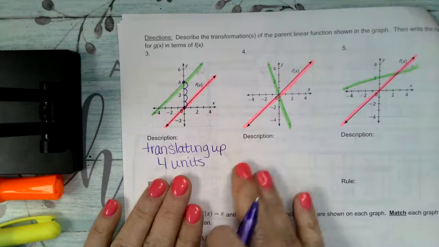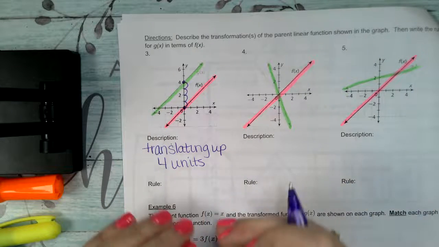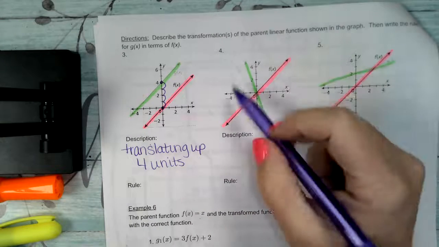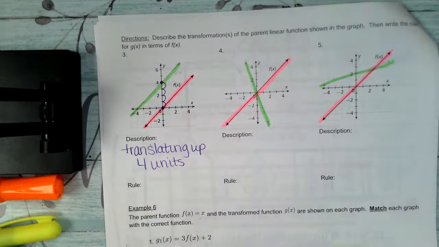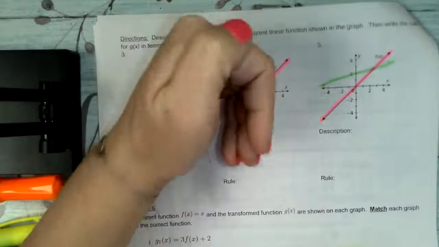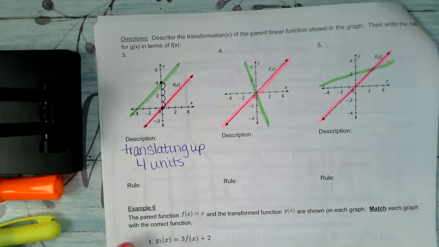All right, let's just talk about 4, 5, and 6 on using the words for the descriptions, and then we'll write the rules. So this one, going from pink to green, there's a couple of things going on here. The first thing that I notice immediately is that it's flipped. Instead of it going uphill, it's now going downhill.